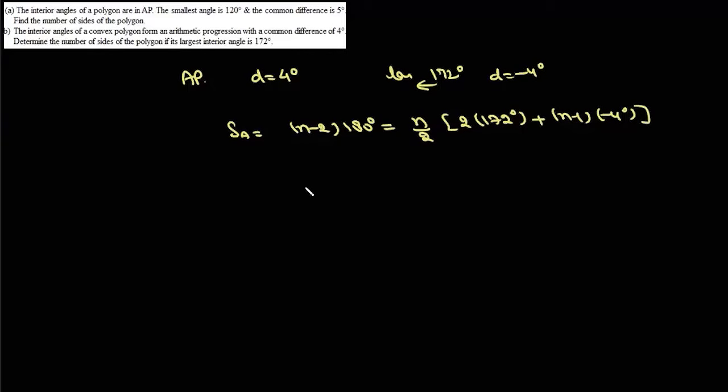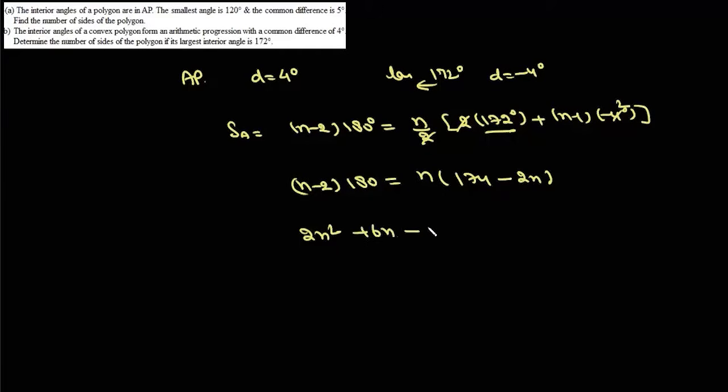Now (n minus 2) into 180 will be equal to n into (172 plus 2, 174 minus 2n), so we can write this as 2n square, and then 180n minus 174n, that will be plus 6n, minus 2 into 180 equals 0.